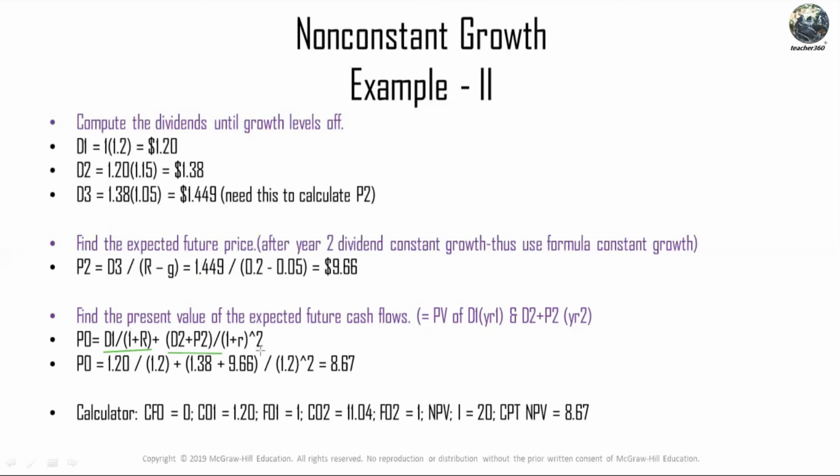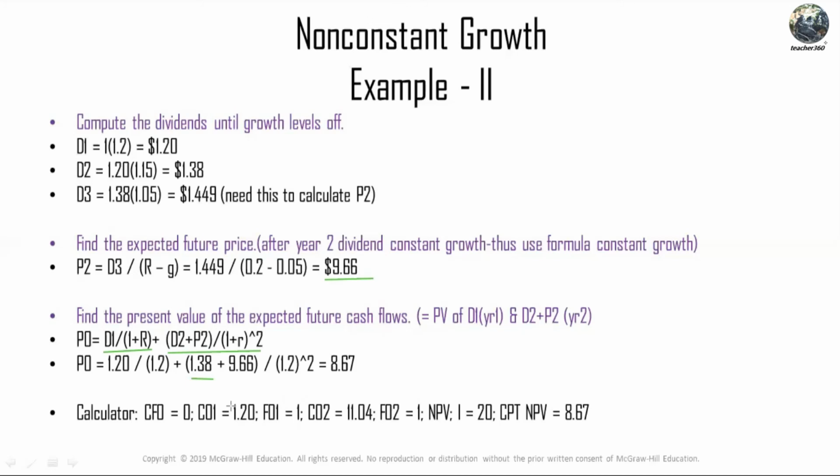So our D1 is 1.2 divided by 1 plus 20%, plus the year 2 dividend, which is 1.38, plus the year 2 share price, the selling price, which is $9.66, divided by 1 plus 20% power 2. Then you get 8.667 as the current year share price.